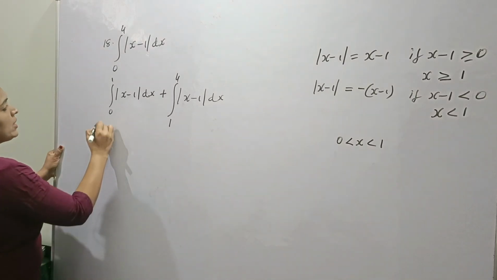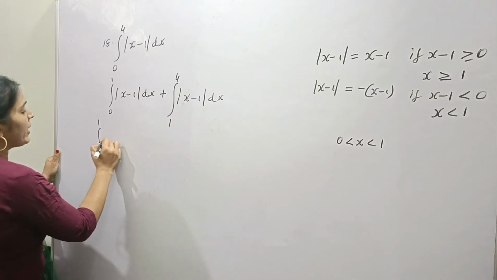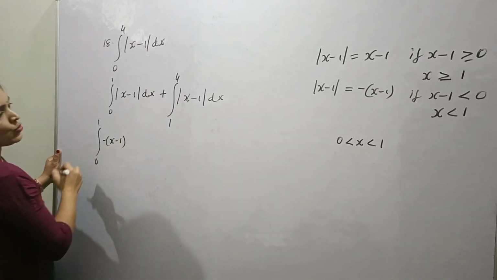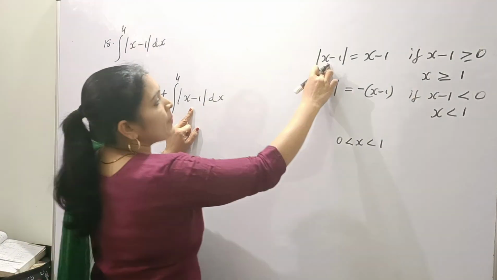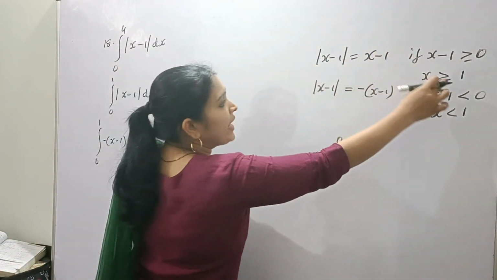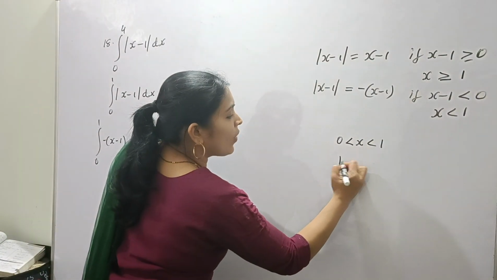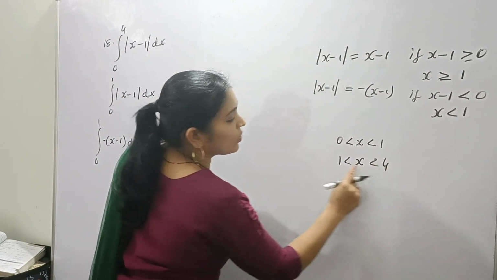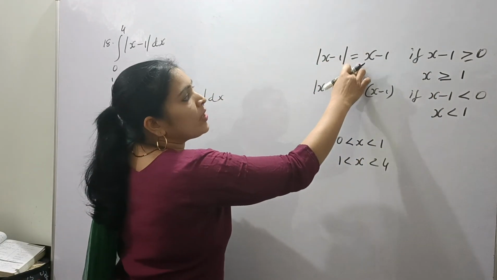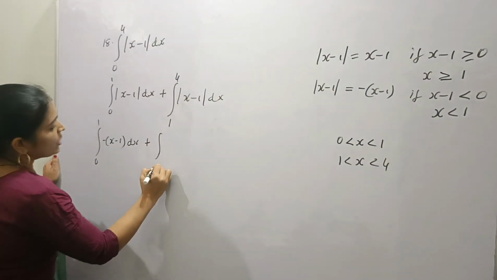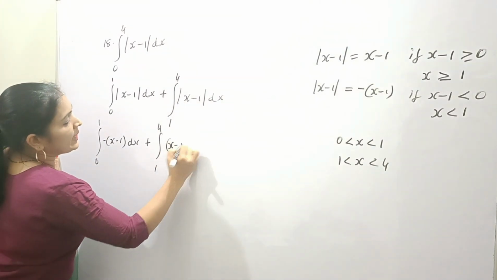So integral 0 to 1 modulus x minus 1 is equal to integral of minus of x minus 1 dx, plus, here, integral 1 to 4 means x varies from 1 to 4, so 1 less than x less than 4, where x is greater than 1. When x is greater than 1, modulus x minus 1 is equal to x minus 1, so integral 1 to 4 of x minus 1 dx.